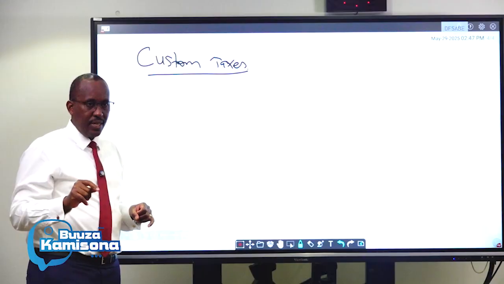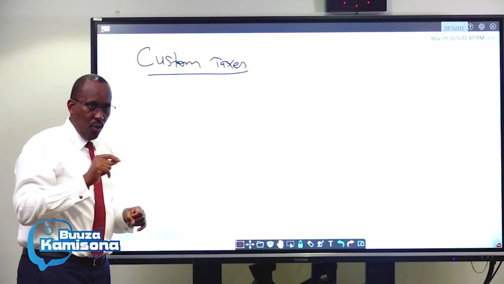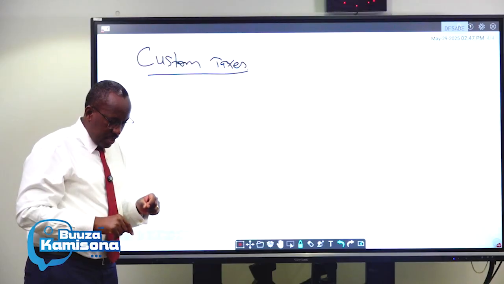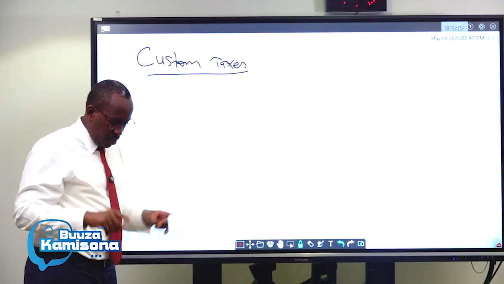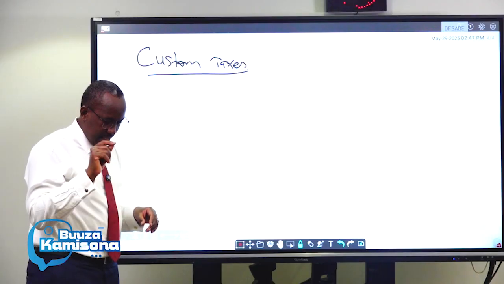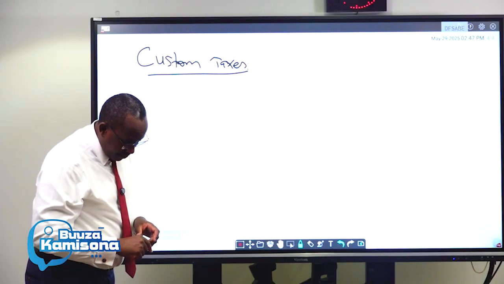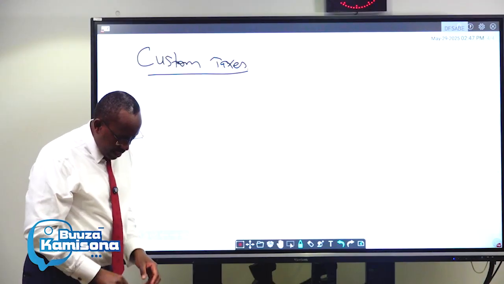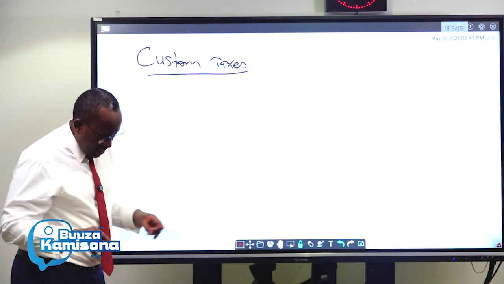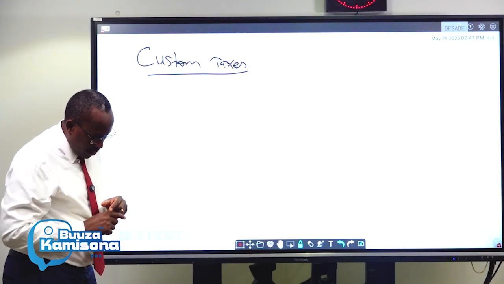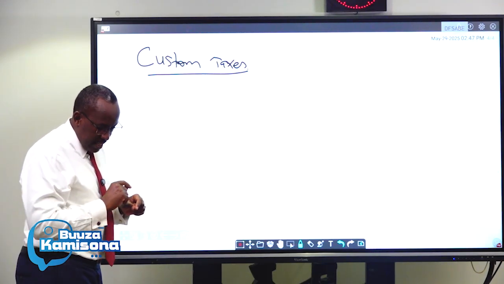So they are administered no longer under our own laws as a country. It is under the East African Community laws. And the act that manages this is the East African Customs Management Act, EACMA.